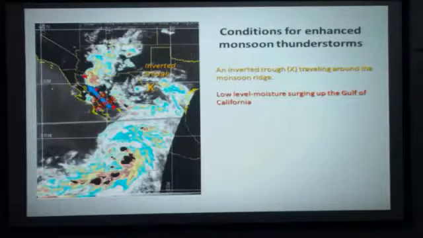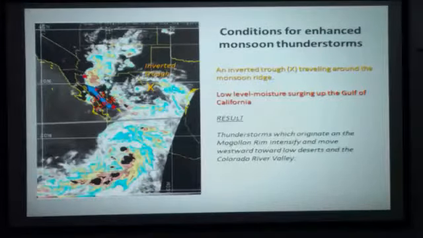If we're looking at satellite imagery, as a weather forecaster might, here's what I described in terms of a picture, very similar to what Jamie presented. On an active severe weather day in Arizona, for example, we have the presence of an inverted trough traveling around the southern side of the ridge.